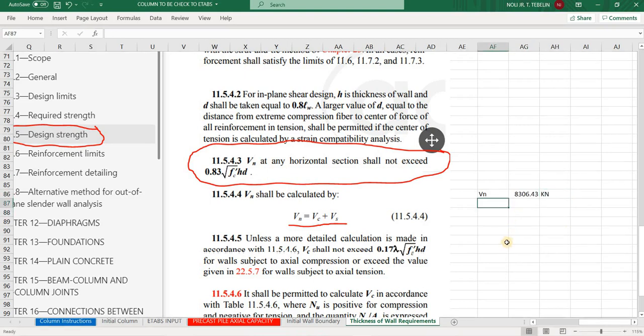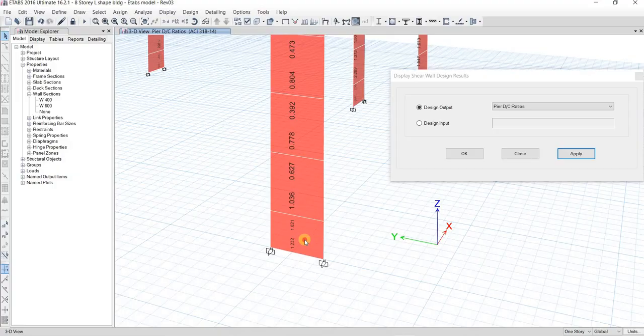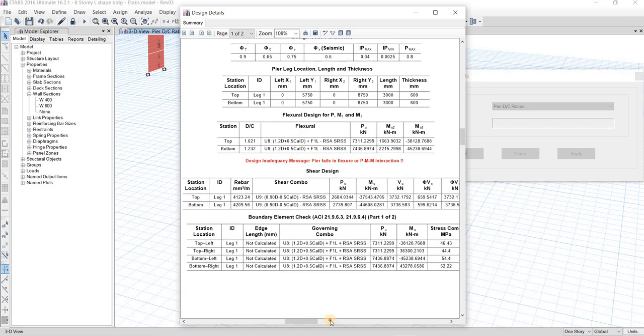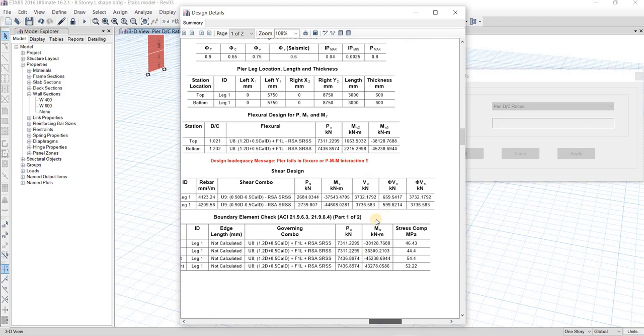Okay. But you have Vu. Your Vu for this load combo is 3732.